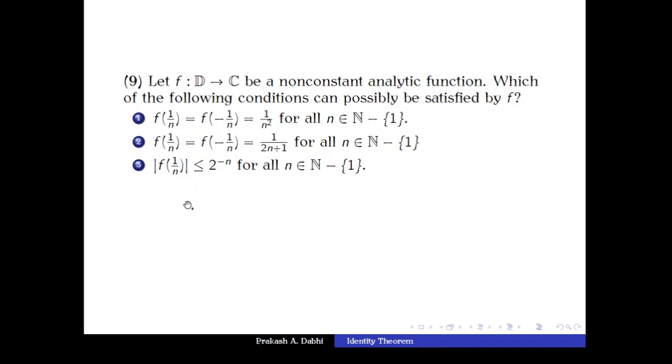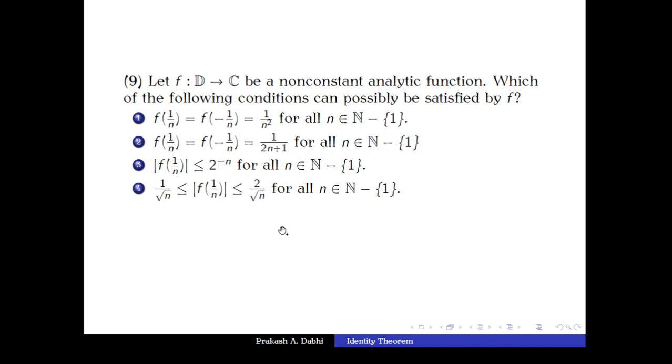The third condition, does there exist a non-constant analytic function on the open unit disk D satisfying mod of f of 1 by n is less than or equal to 2 power minus n for all n in N minus 1?